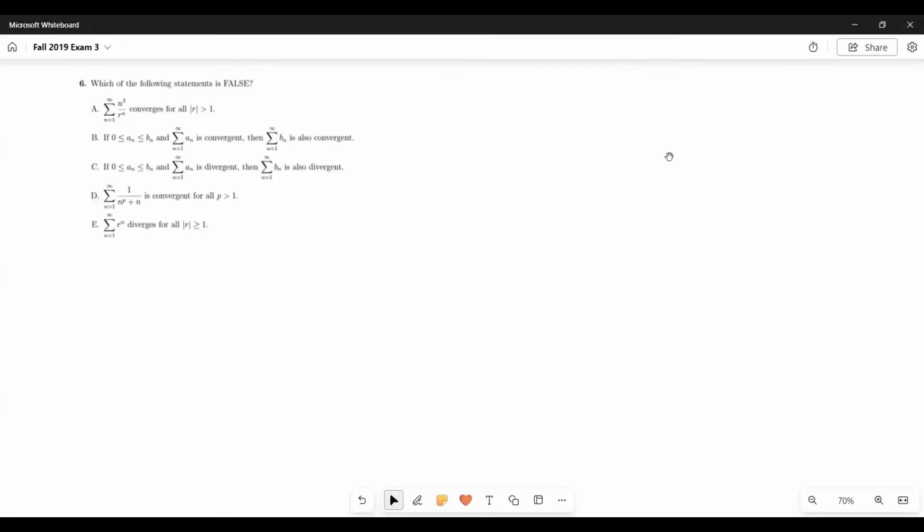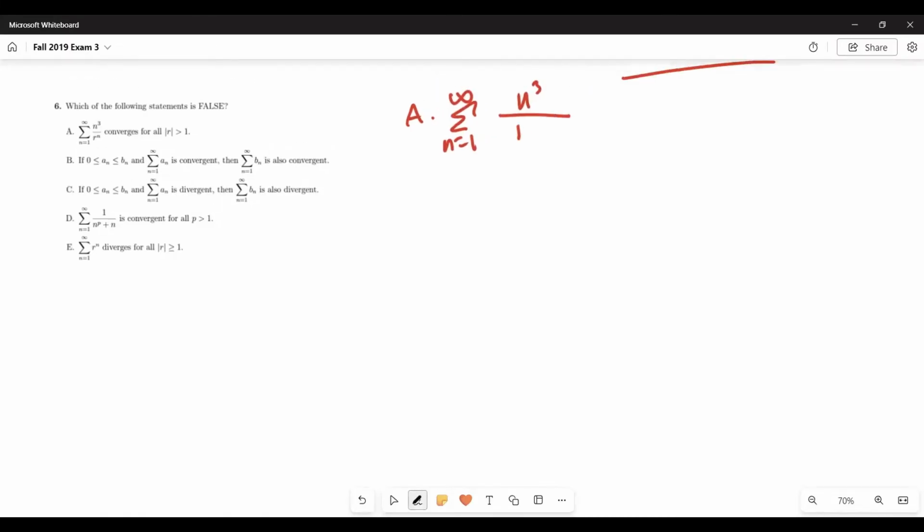Okay, which of the following statements is false, more like? So let's look at option A. The sum from n equals 1 to infinity of n cubed over R to the n converges when the absolute value of R is greater than 1. You can use the ratio test or root test, whatever you want, but I'm going to use the ratio test. So (n plus 1) cubed over R to the n plus 1, divided by n cubed over R to the n, which is multiplying by the reciprocal, right?